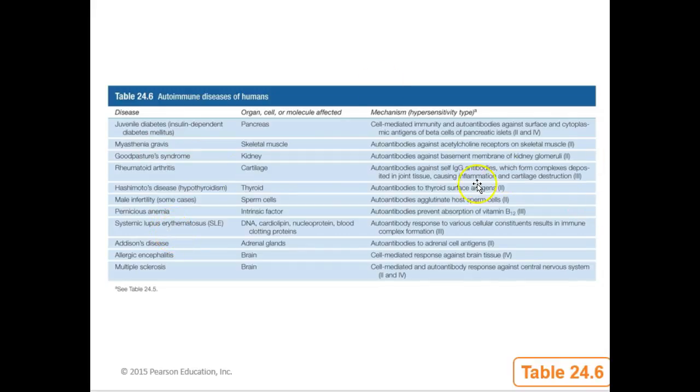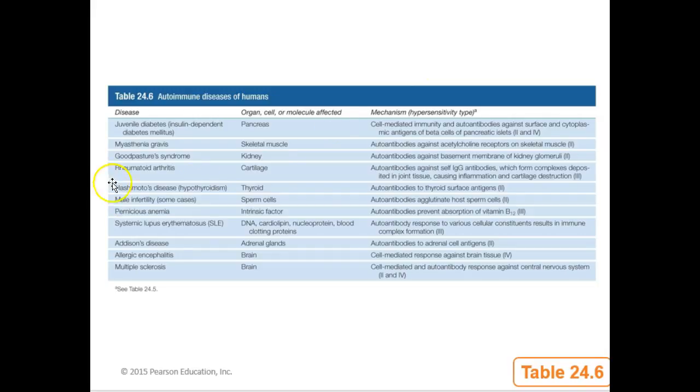So here are some diseases with their types. These are all type 2, type 3. Pernicious anemia also. So examples of type 3, autoantibodies that cause Hashimoto's disease, juvenile diabetes.